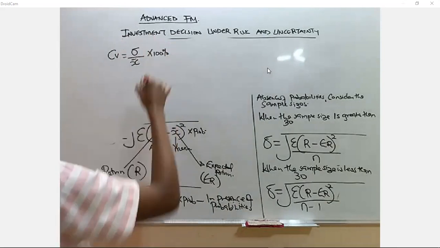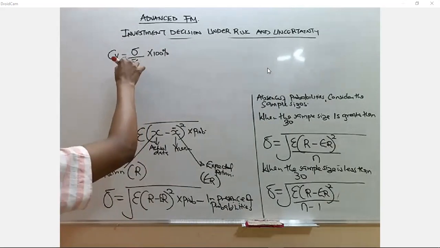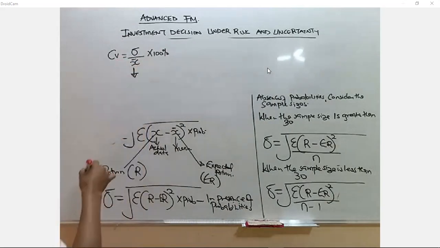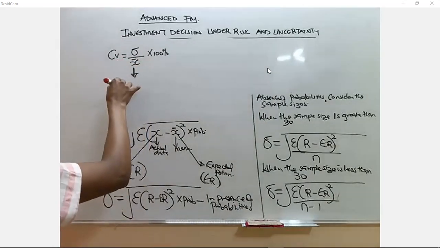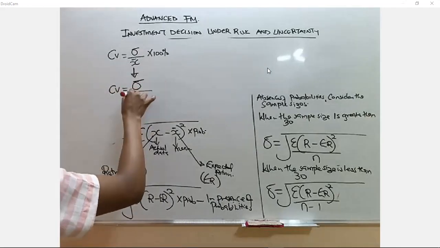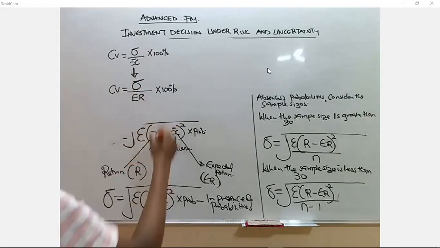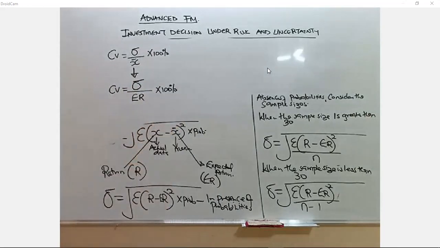But that is not the case under advanced financial management. Now when you are getting the coefficient of variation, you take the standard deviation, divide by the expected return, then multiply by 100%.